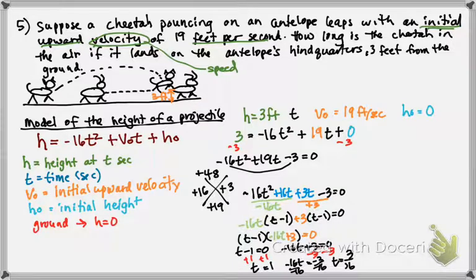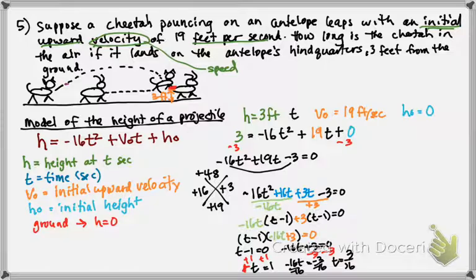So I have two different answers. So we go back, how long is the cheetah in the air if it lands on the antelope's hindquarters 3 feet from the ground? So if you think about the two answers you get, at this point, this is going to be the 1 second. But there was another time when he was exactly at that same height.